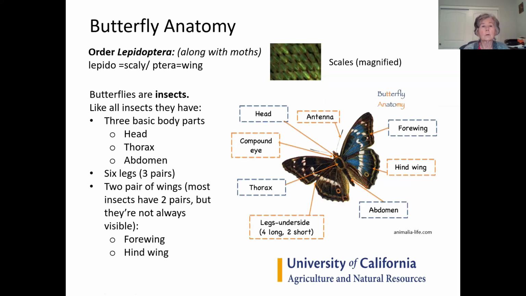Most insects have 2 pairs of wings, but they're not always visible, but they are very clearly visible on butterflies. You have the forewings and the hind wings. And you can see up here a picture of the scales on their wings that are magnified.